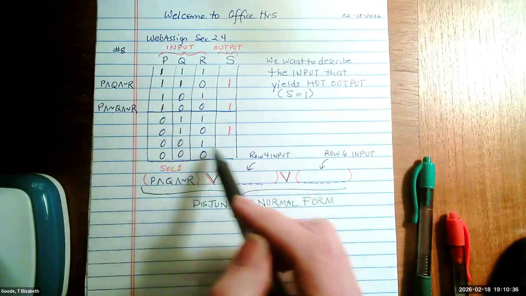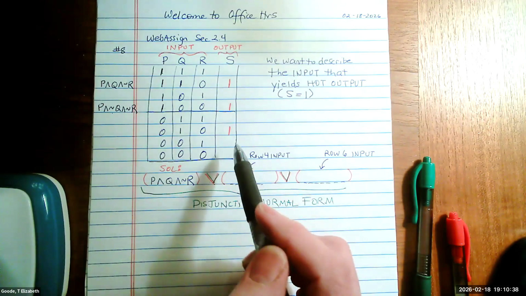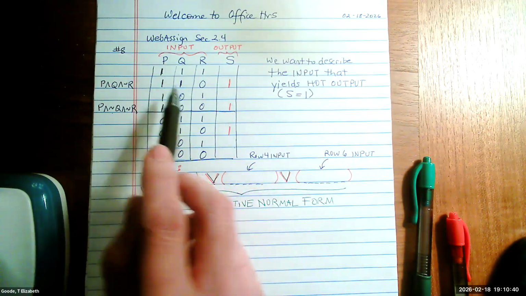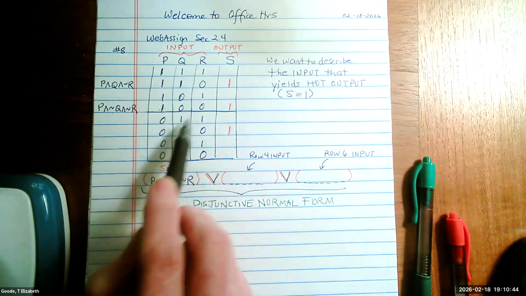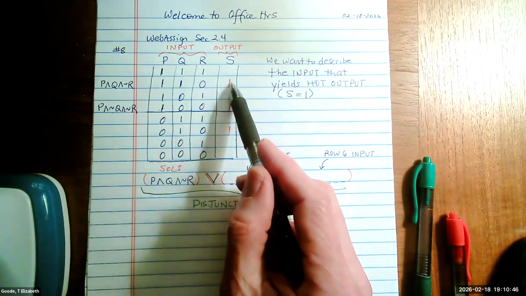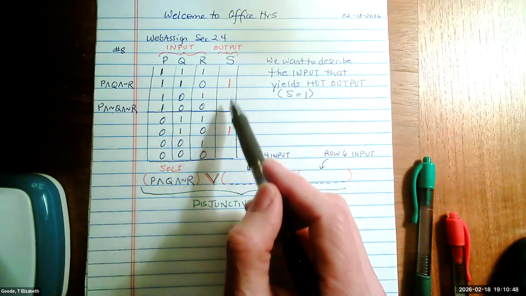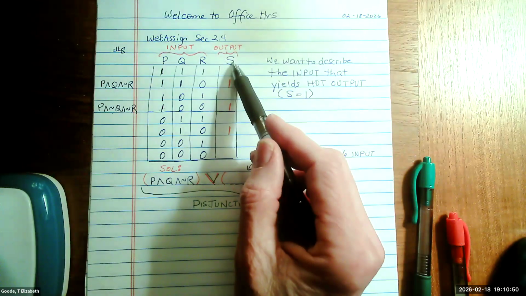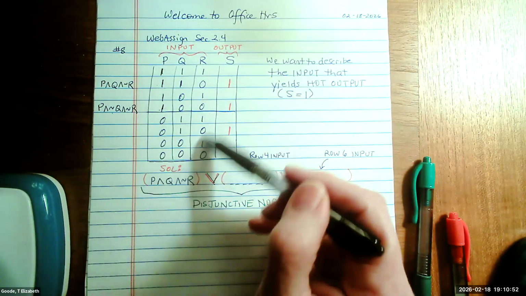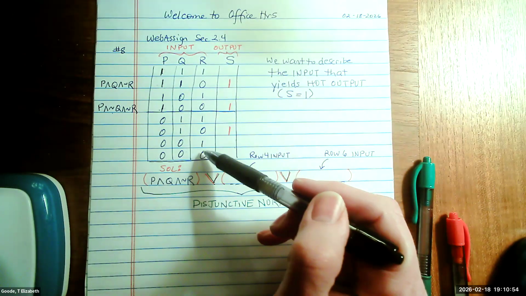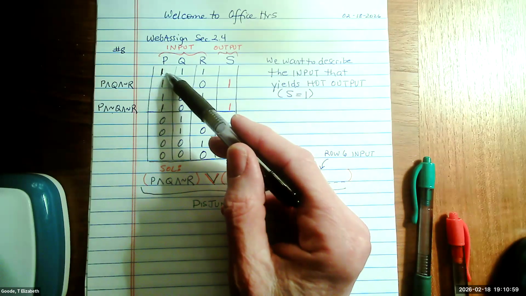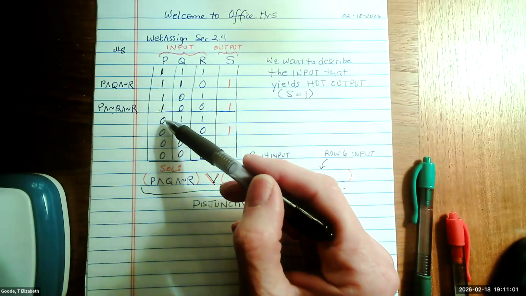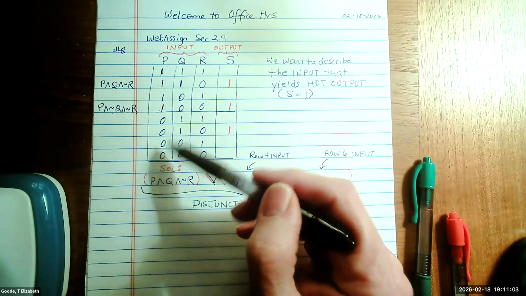The point with this problem is we want to write the expression that describes the input states that yield the hot output, the one under the output S. I've set up this IO table in canonical form. Under P, we have 1111, 0000.